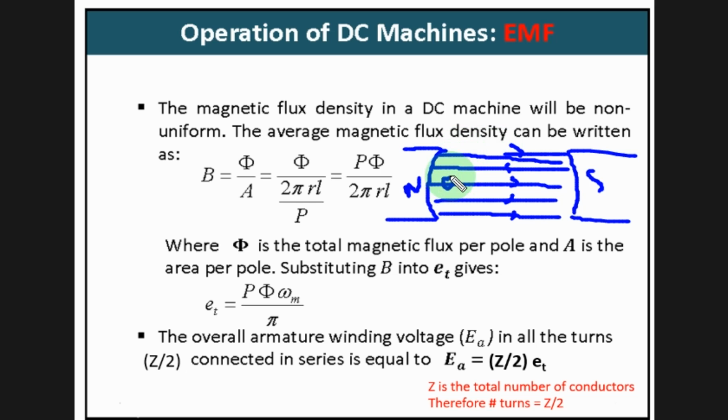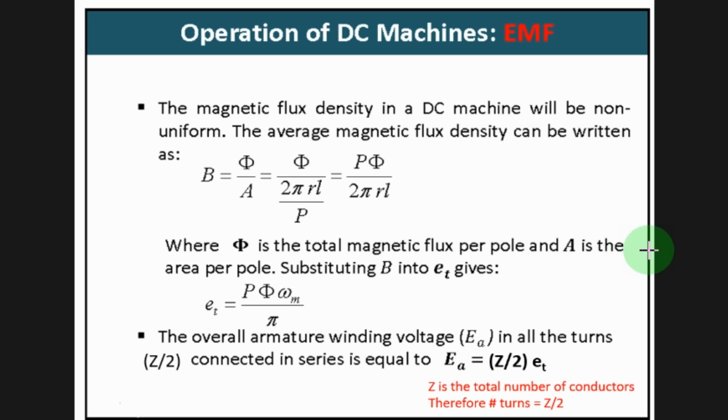Here it is exactly perpendicular because the velocity is directly upward, but when it comes somewhere here, the velocity will be in this direction, and there is no perpendicular flux. So in this area the flux density will be less. Therefore the flux density is changing, not uniform.